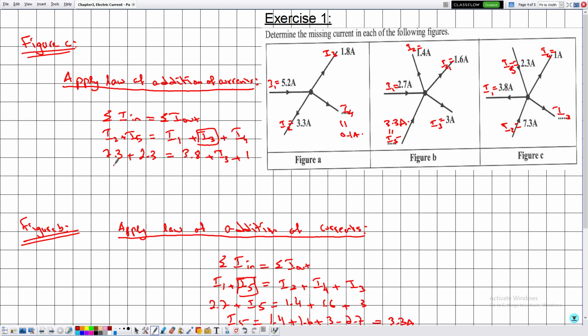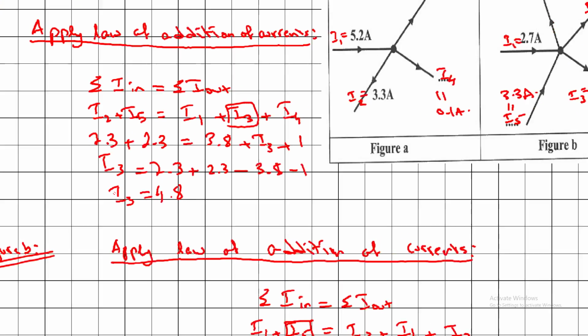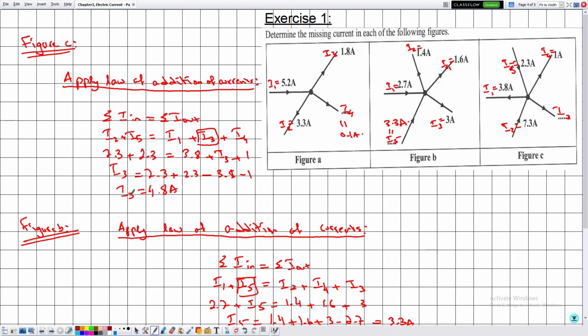Okay, so I3 is simply 7.3 plus 2.3 minus 3.8 minus 1. So this is equal to 4.8. Because everything previously is expressed in SI units, the value of I3 is 4.8 amperes.